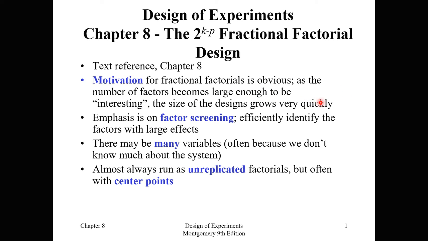In fact, it's an exponential growth. When our goal is just screening factors, it's tough because we have so many different runs, but all that we're looking for is just to find a few of the factors that really stand out with large effects. And it seems like a waste that we're doing so many runs to find just this simple thing.